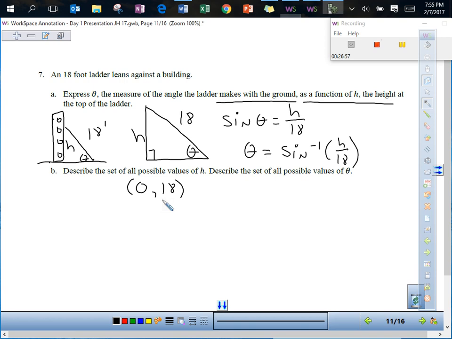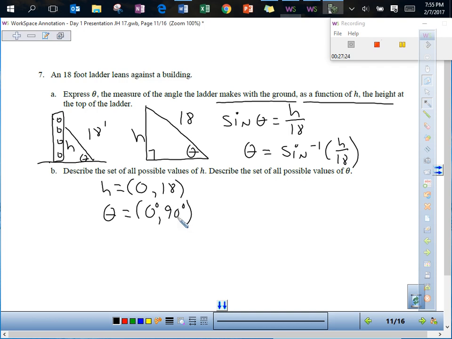My whole ladder's up against the wall, so I haven't formed a triangle. So h will be between 0 and 18. Your theta value can be anything from 0 degrees all the way up to 90 degrees. Notice once again I didn't include them because I wouldn't have a triangle.